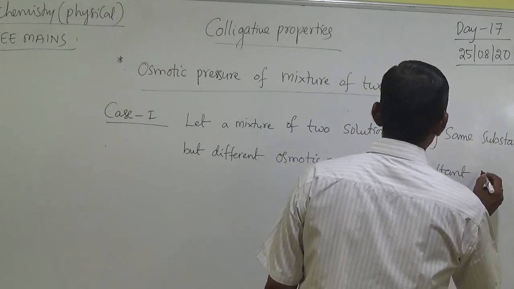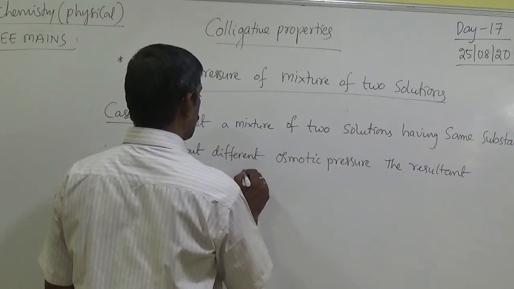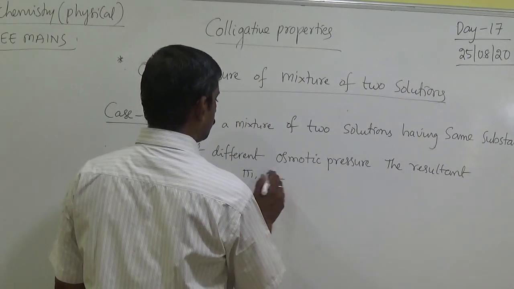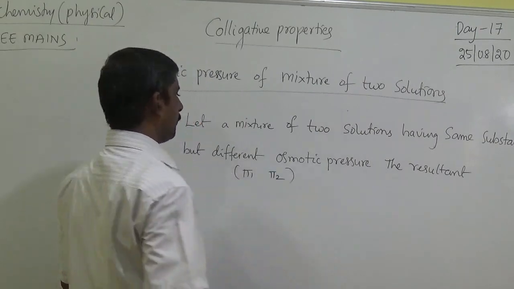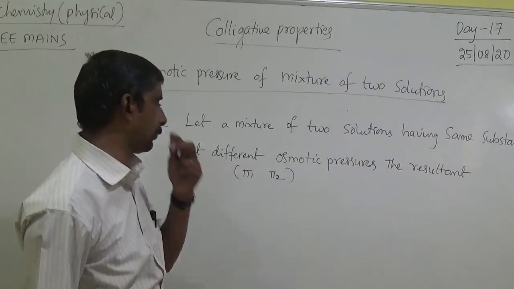The resultant solution. Different osmotic pressures means pi 1, pi 2.